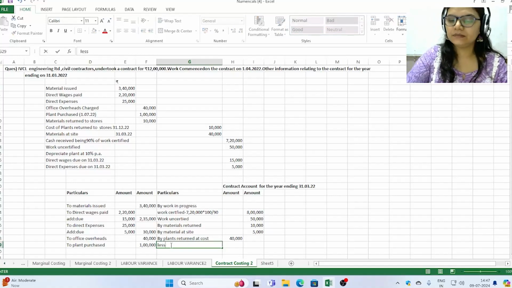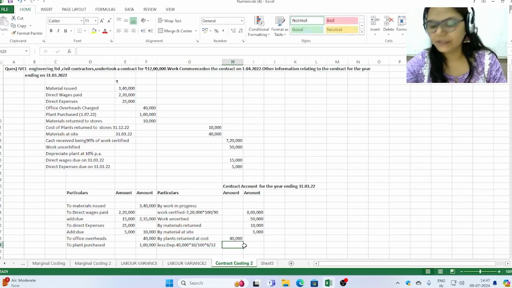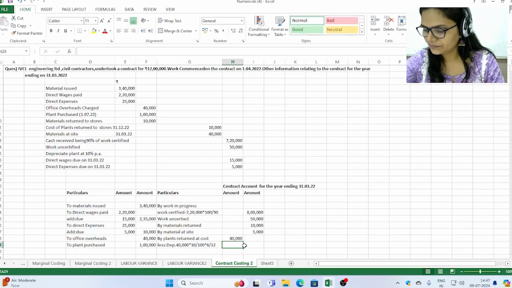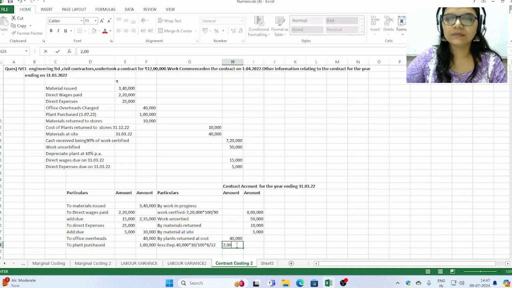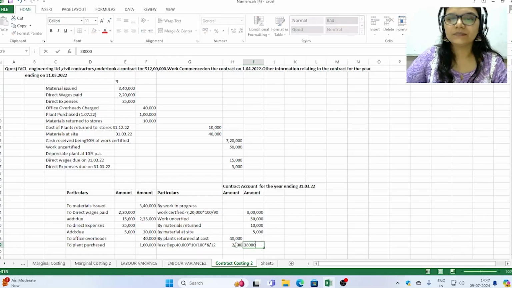Less depreciation: 40,000 into 10 divided by 100 into 6 divided by 12, which comes out to be less 2,000, giving 38,000.